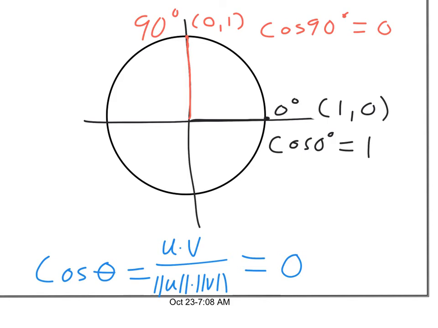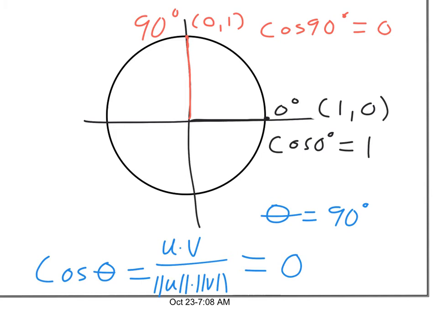If that whole thing were 0, what would that imply about angle theta? Means that theta would be 90 degrees.